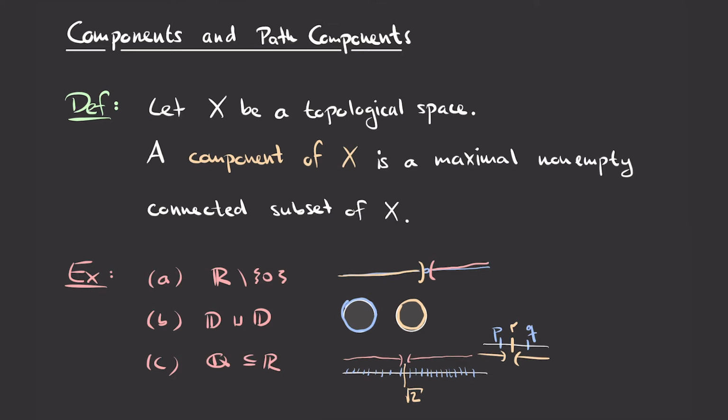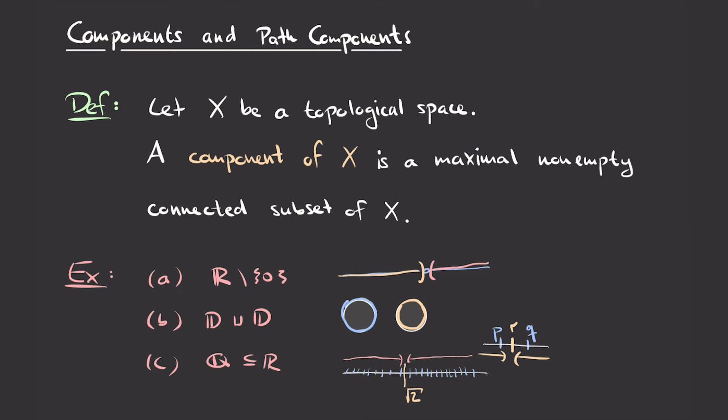These are again two open subsets whose union is the entire set of rational numbers, and they're disjoint and open. Therefore, these two sets disconnect the rational numbers as a subspace of R. And they also disconnect p from q. In particular, this means that this supposed component, which contains both p and q, is actually not connected.